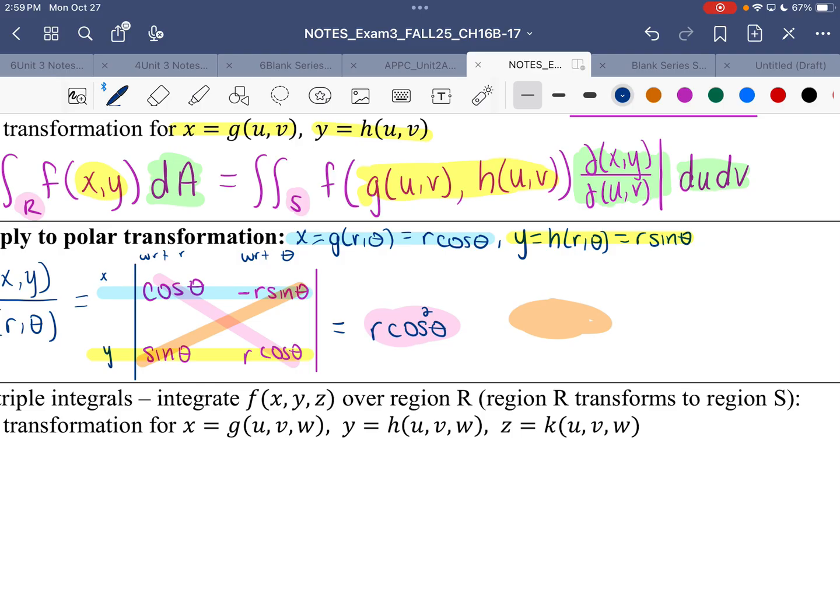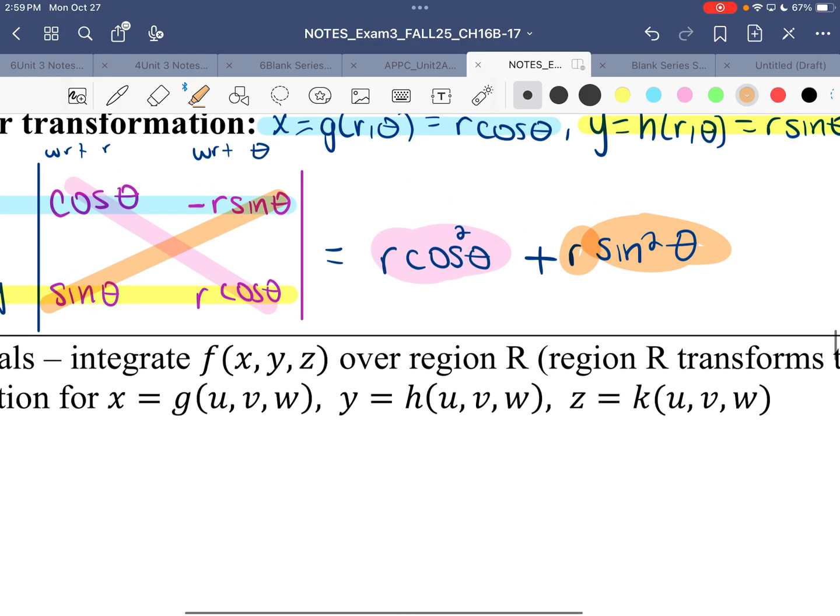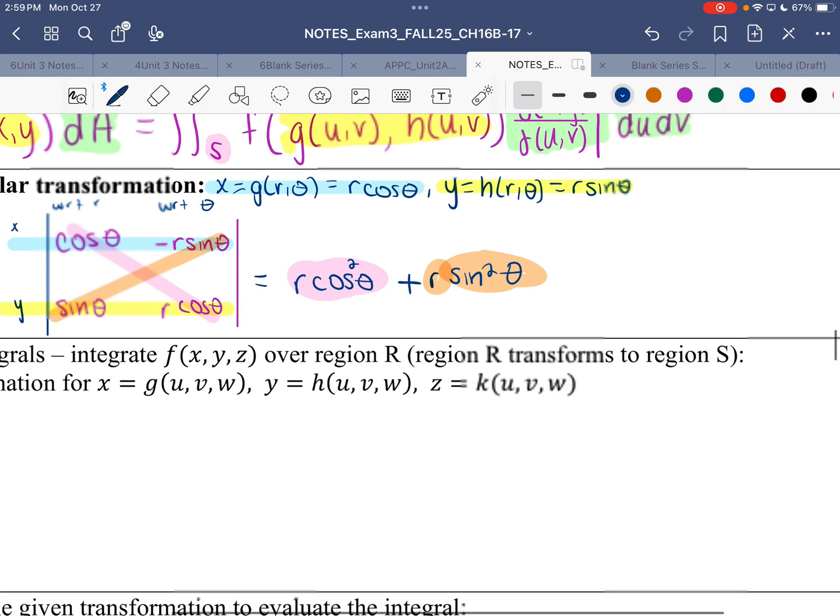All right, so we got r cosine times cosine minus negative r sine times sine. What could I factor out from both of these terms? An r.